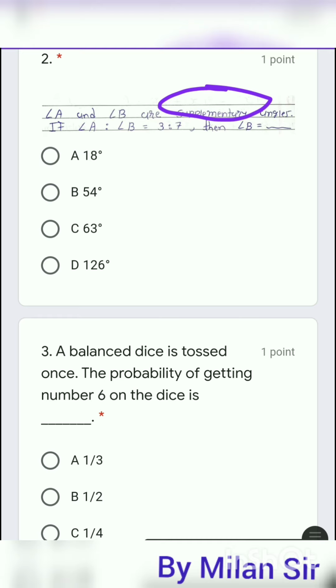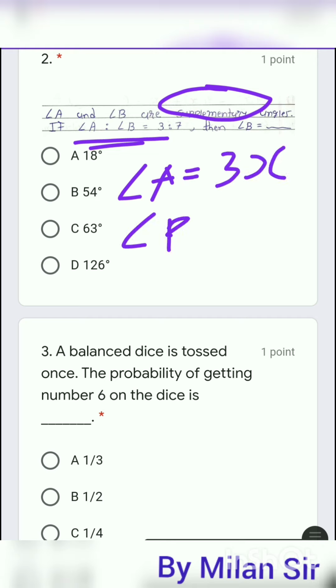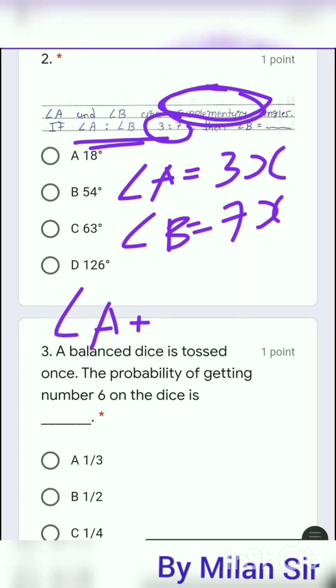And one ratio is given to you. So we can assume our two angles as per this ratio. So assume angle A is equals to 3x and angle B is equals to 7x, because ratio is 3:7, right? So 3x and 7x. Now these two angles are supplementary angles, so angle A plus angle B is equals to 180 degree.